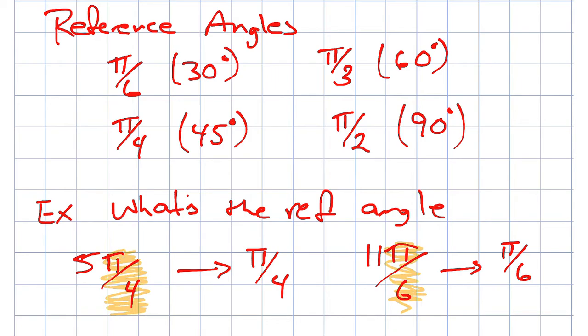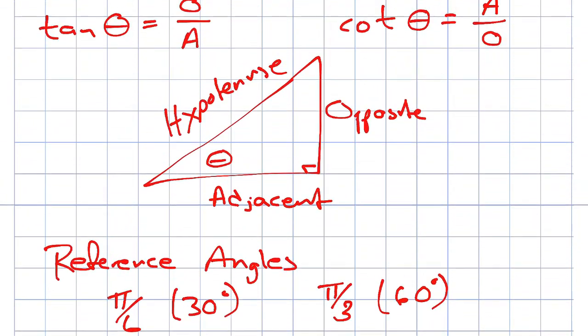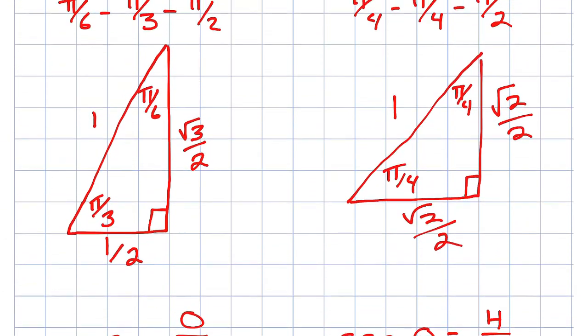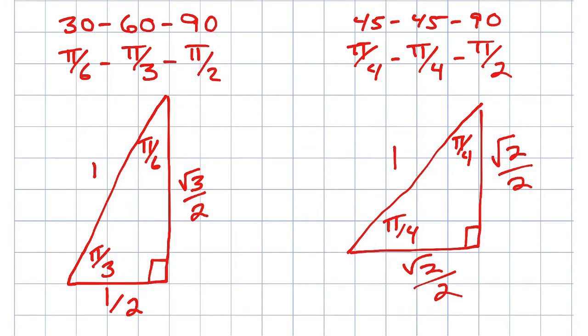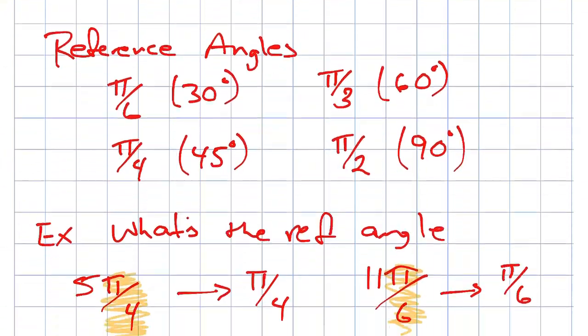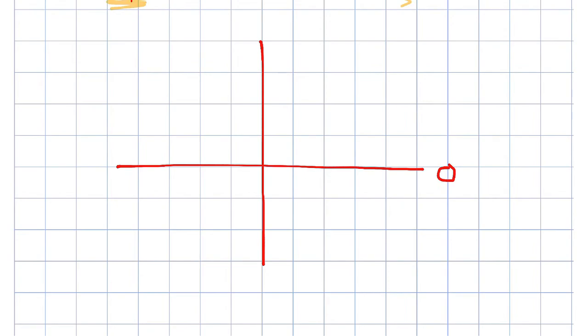That's a really important piece, because if you know what the reference angle is, you can go up to these triangles and understand what the value is. Then you just have to decide whether it's positive or negative. So remember from pre-calculus or honors higher algebra, that this is 0, this is pi over 2, this is pi, and this is 3 pi over 2. This is also 2 pi, because we go around the circle.